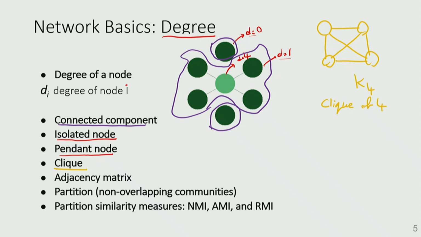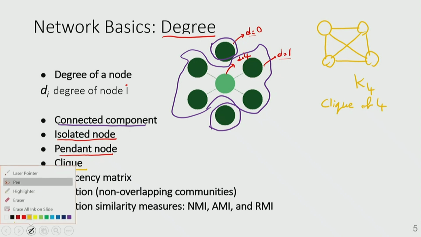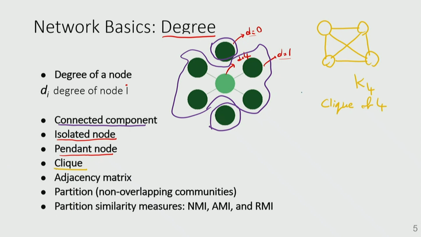So in a network, we may have patterns that look like this. Maybe the whole network looks like this. In this network, which has 5 nodes, 4 of them that are in yellow form a clique of 4. So this clique would be a motif. A motif would be a pattern in a graph. For example, a clique of 4 would also be referred to as a motif.